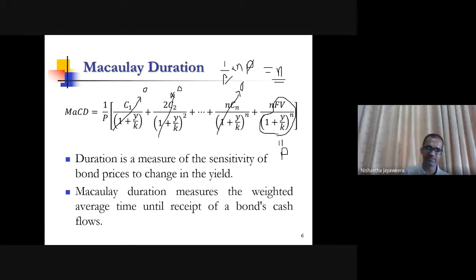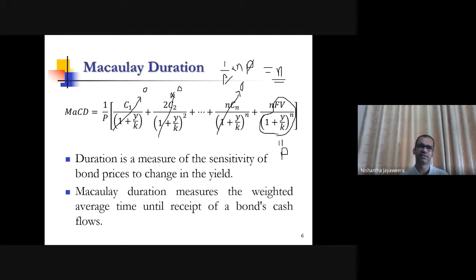That's the extreme. We cannot go beyond that. Duration won't go beyond that. Duration should be at most equal to time to maturity. The only time it equals time to maturity is when the bond is a zero coupon bond, or the coupon rate is 0.